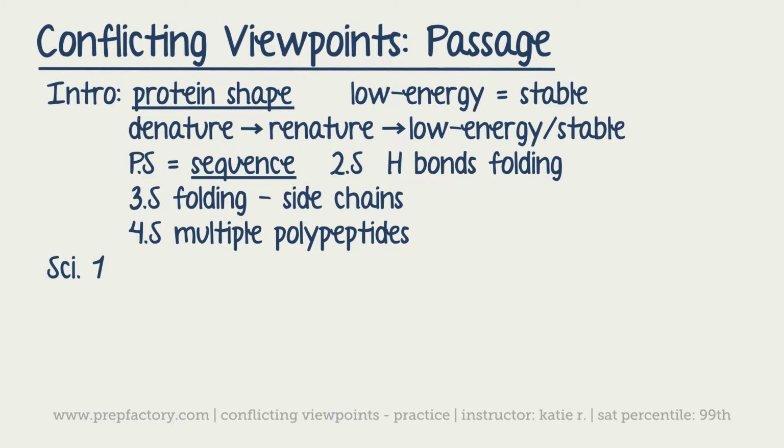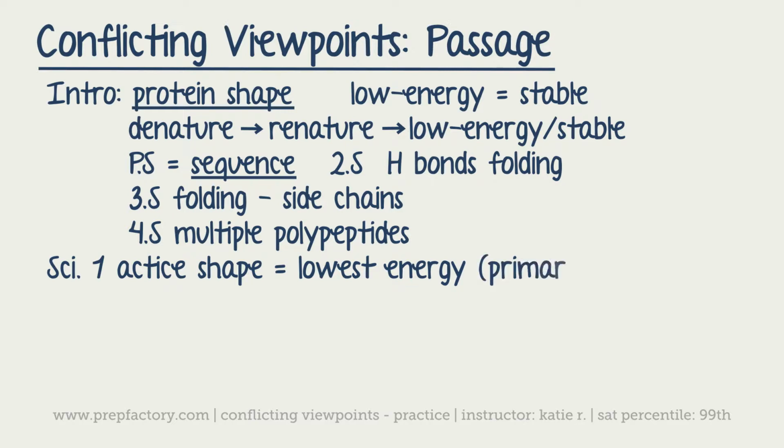Okay, so Scientist 1, I would want to underline the active shape is the protein's lowest energy shape. So active shape equals lowest energy. And then also I would just underline is determined by primary structure. Okay, so we've got our little pieces of information.